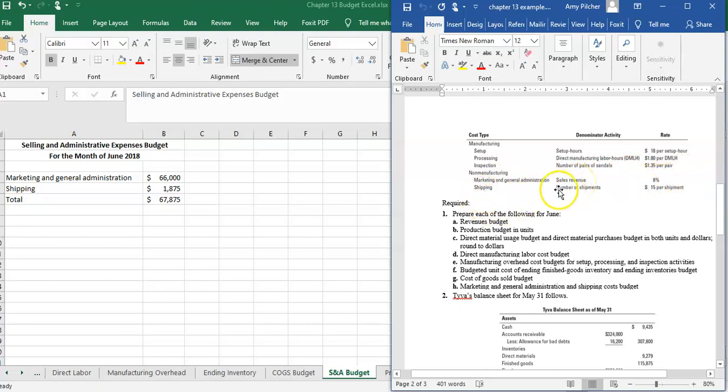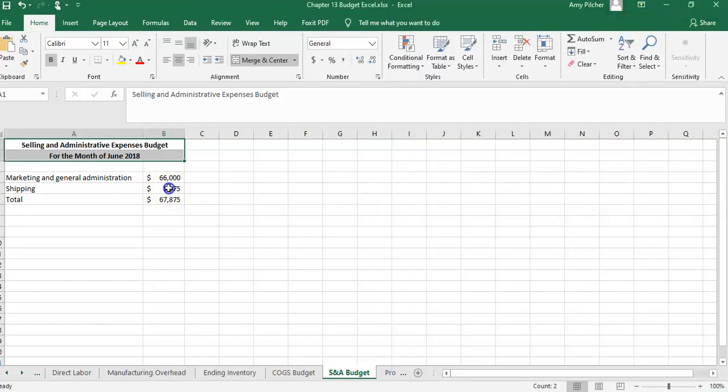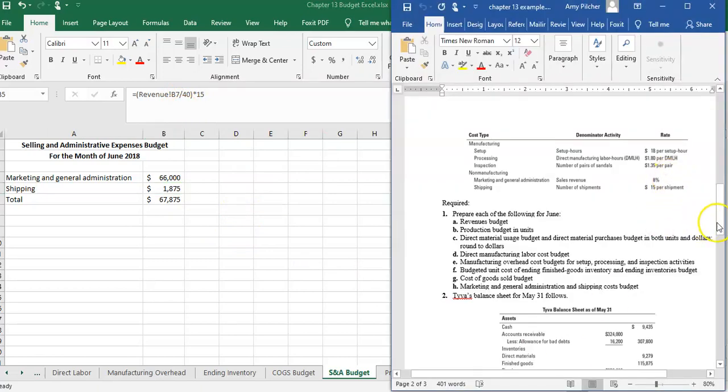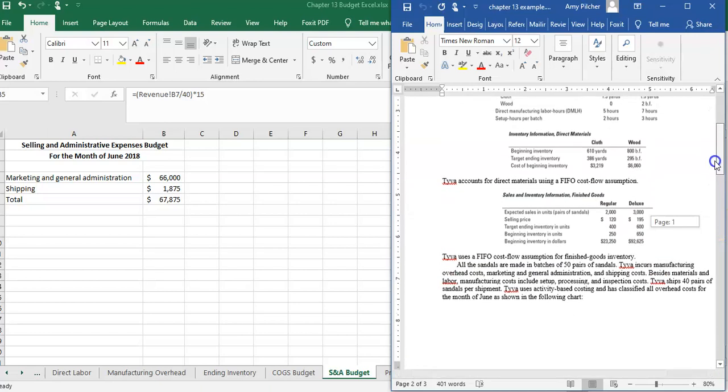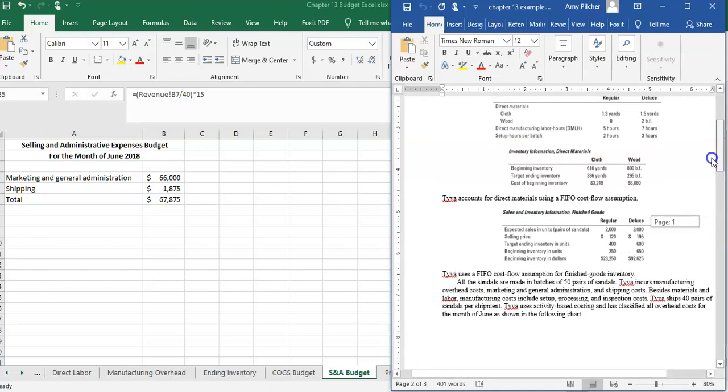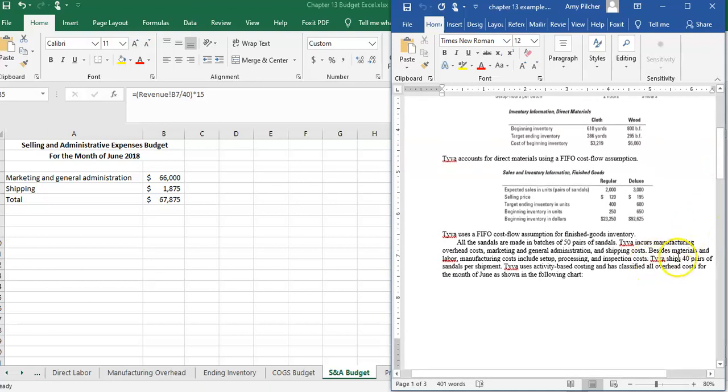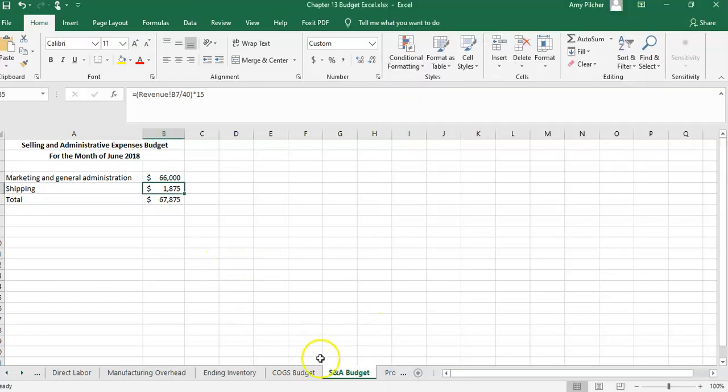And then we have shipping, which is based on the number of shipments and is $15 per shipment. Well, we know that our shipment is 40 pairs per shipment, and it's $15 per shipment. So we take the number of shoes, divide by 40 to get the number of shipments, since we ship 40 pairs of sandals per shipment. And we get our selling and administrative expenses budget.